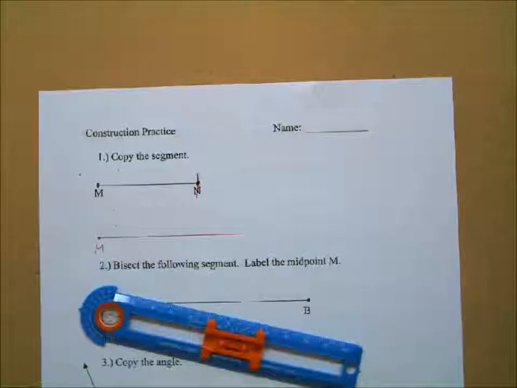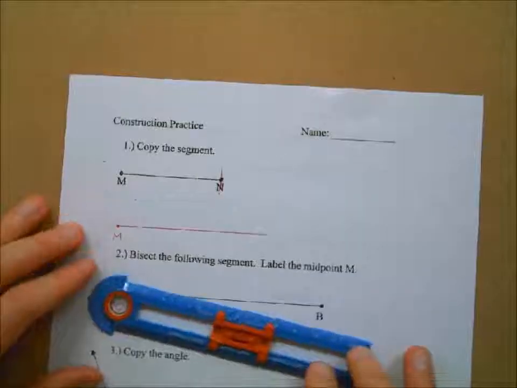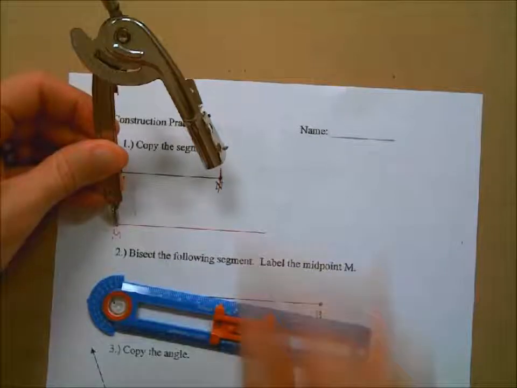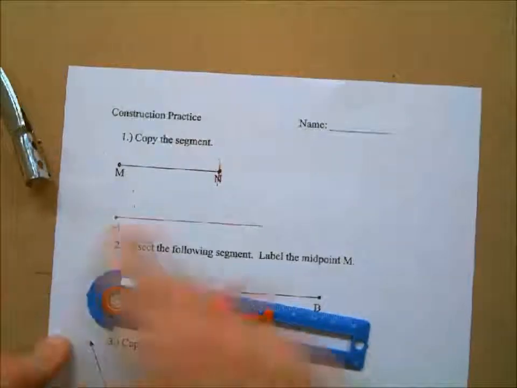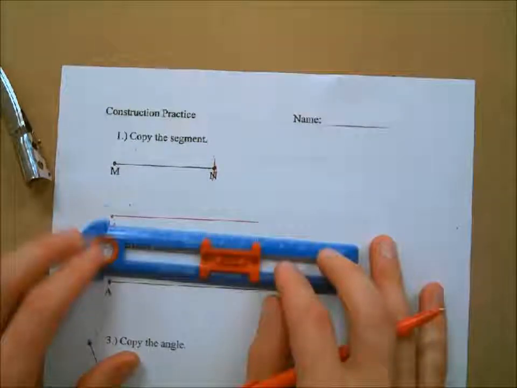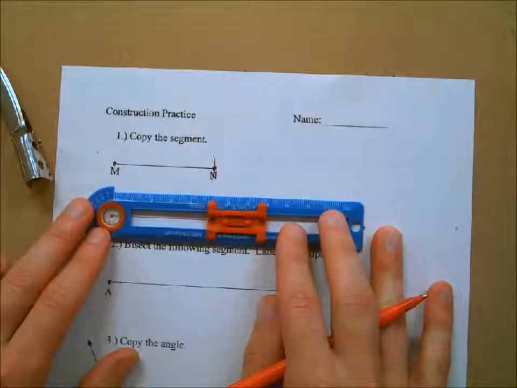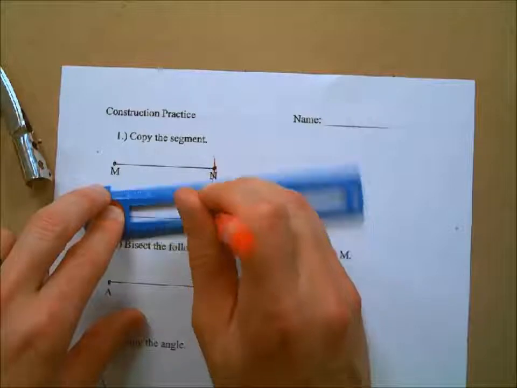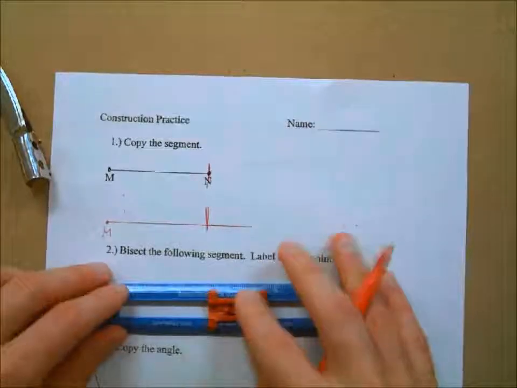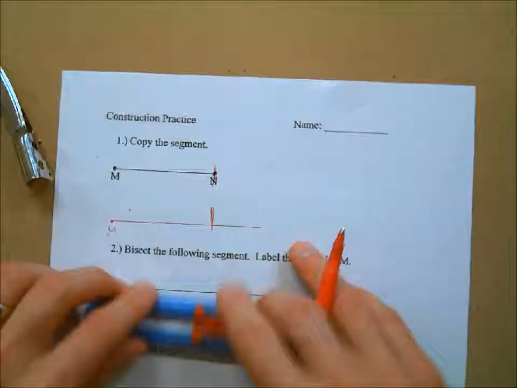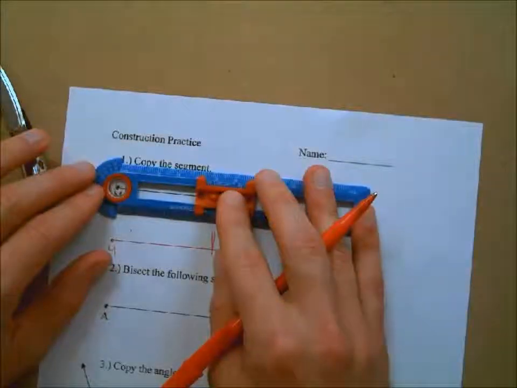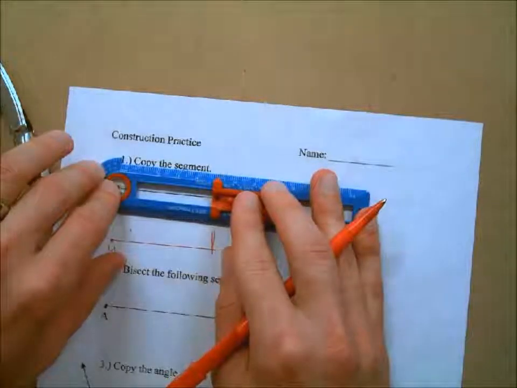And then without opening or closing your compass, put the point of your compass right back on point M here, and then do that same swipe along the ray. Okay, so again, don't open or close things. Put that same compass point down, and then swipe. Oh, I think that moved on me too. Awesome. Do it this way. Okay.